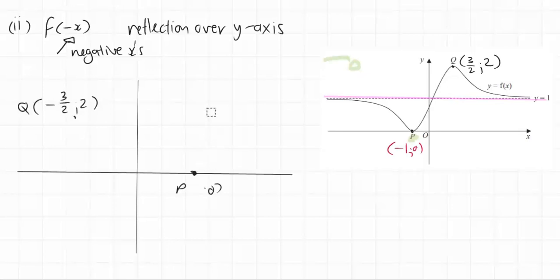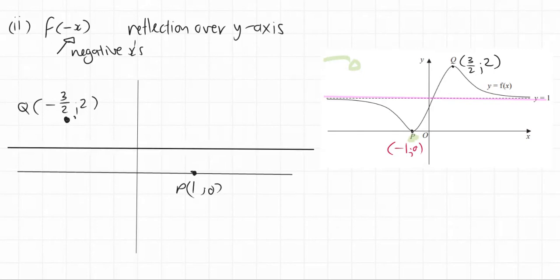And the last thing that we need to do is the asymptote, which was y equals 1. It stays the same, it's still y equals 1. Let's join the dots up to the Q value, down to the P value, and up to the asymptote.